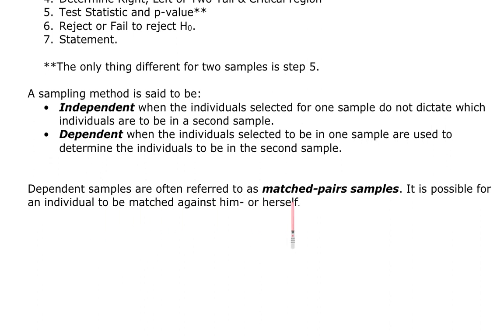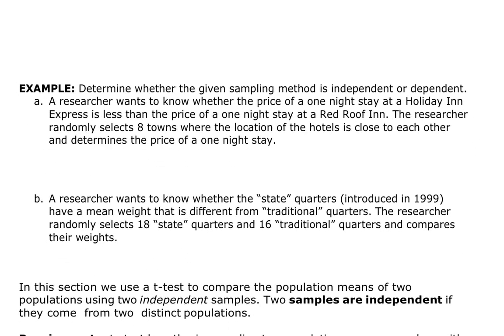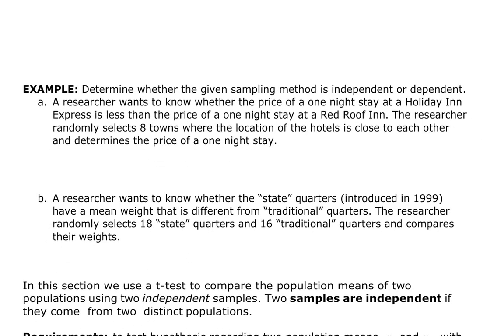Dependent samples are usually called matched pairs, what we talked about just a few moments ago, and it's possible for an individual to be a matched pair against themselves. That's like when we give a patient treatment, so the before and after, to see whether or not the treatment was successful.